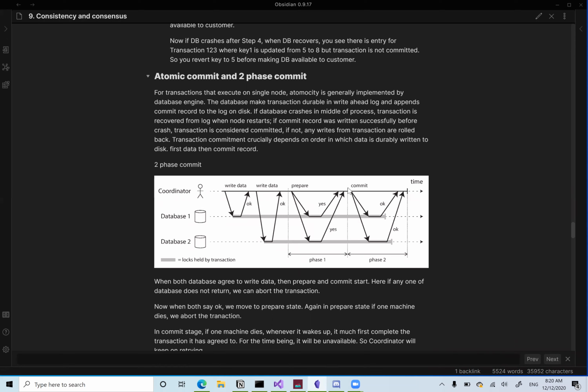The client has got the okay response, and now the coordinator has died before receiving the okay. So these rows will remain locked until the coordinator is back up again and they come to know the value. That's what we discussed in two-phase commit, that these nodes will remain locked until the coordinator is back. That's why the coordinator is a single point of failure if you have only one coordinator, right?